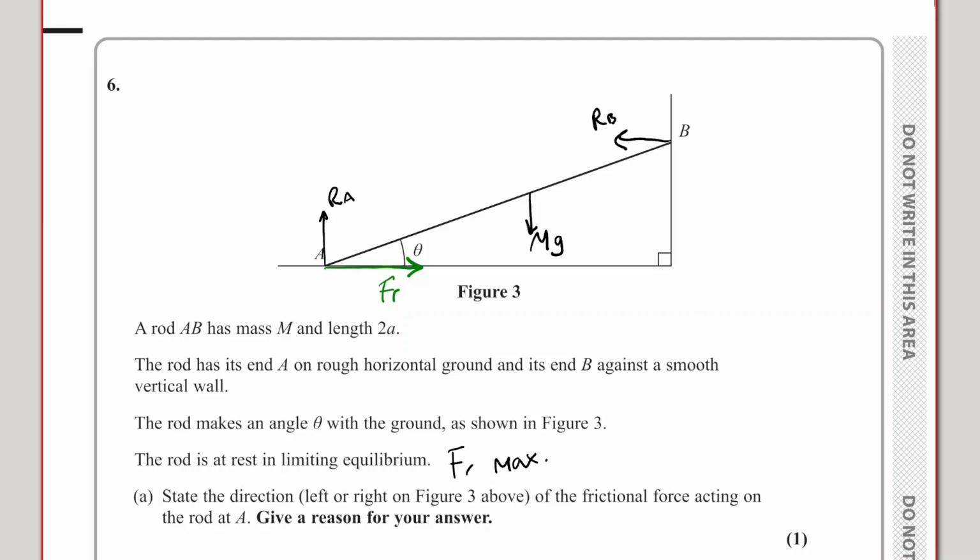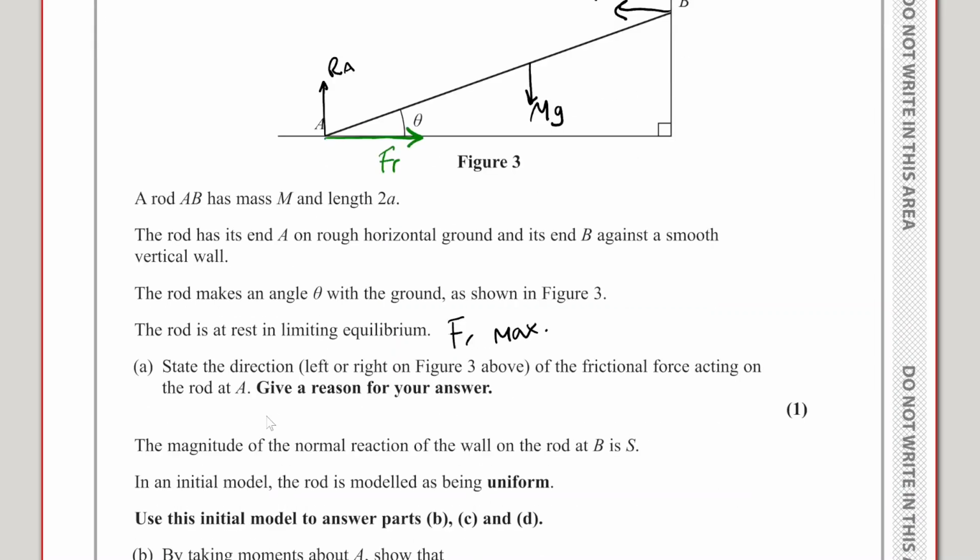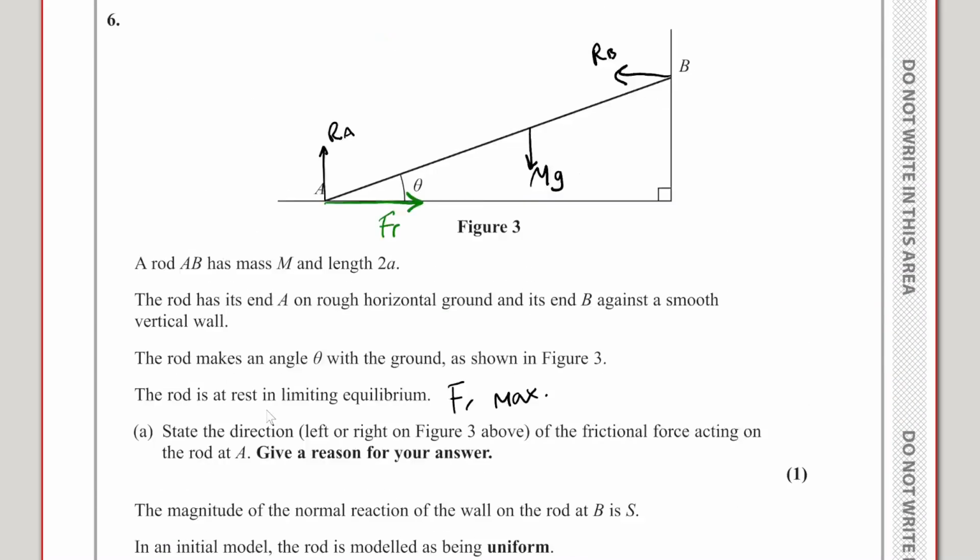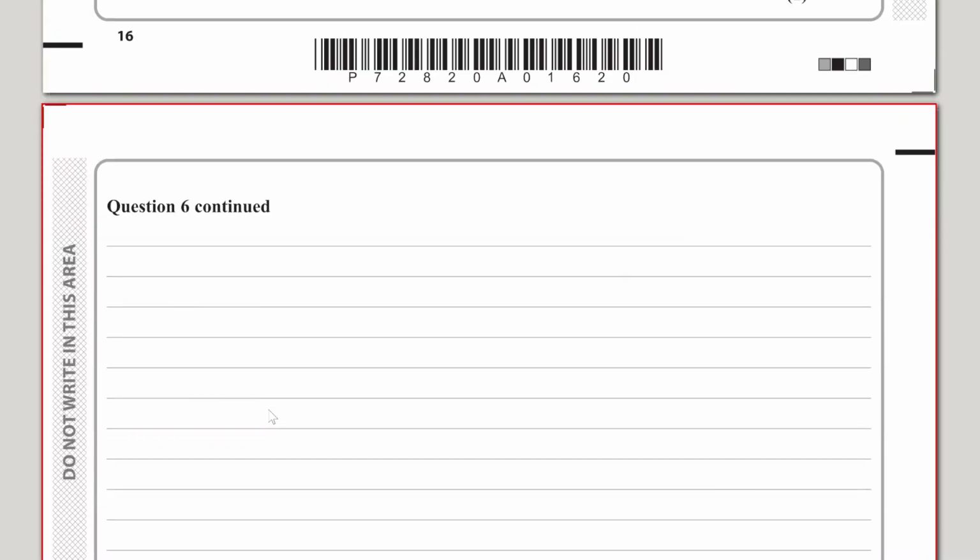The forces to the left have to equal the forces to the right. The friction force is opposing the motion, so the rod is going to slide to the left, so friction must be going to the right. The answer is right.